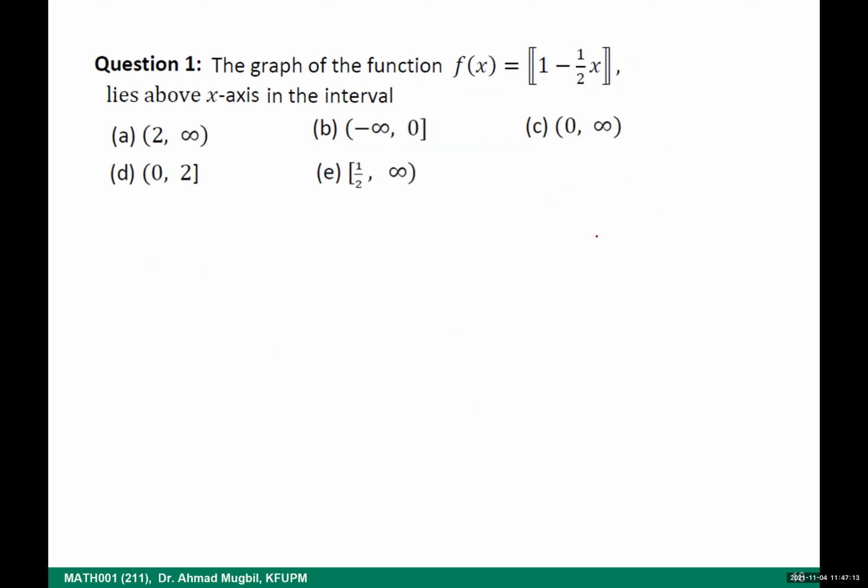Now, okay, this is a good question. But the same idea. The graph of this function lies above the x-axis in which interval? Please try to solve it. The graph of this function is above the x-axis in which interval of these?